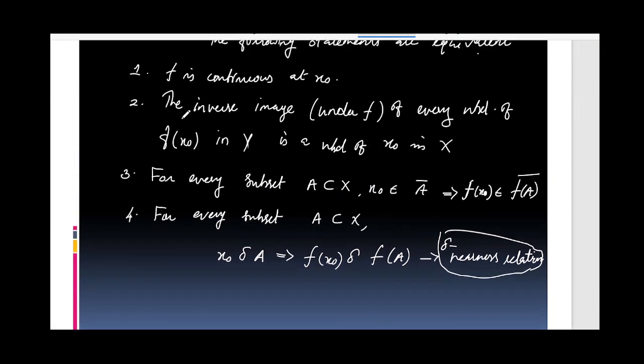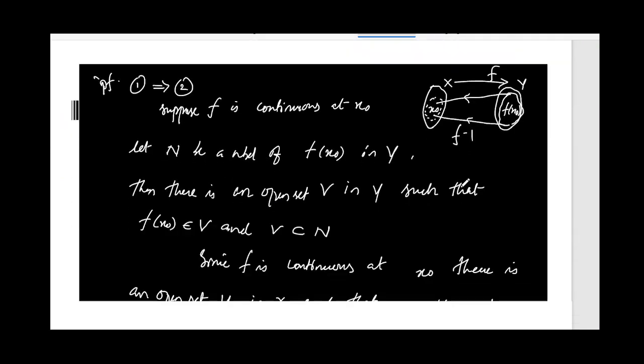We will assume this second one and we will prove the third one. For every subset A of X, x naught belongs to A closure implies f of x naught belongs to f of A closure. That's the thing we want to prove. So 2 implies 3.